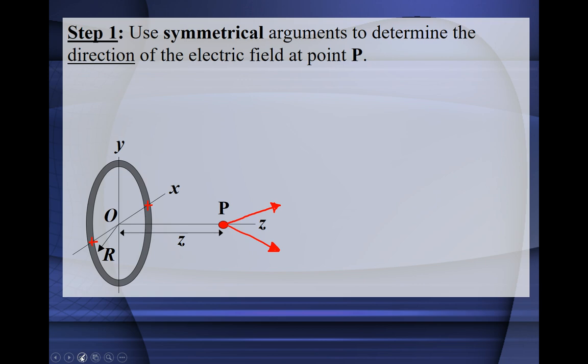Now, I'll erase those two, and then show you what happens if we look at some charges at a different point. So let's get rid of that, get rid of this. And then let's say we look at a charge up here and a charge down there. If we identify the direction of the electric field due to this charge at point P, it'd be something like down and towards the right.